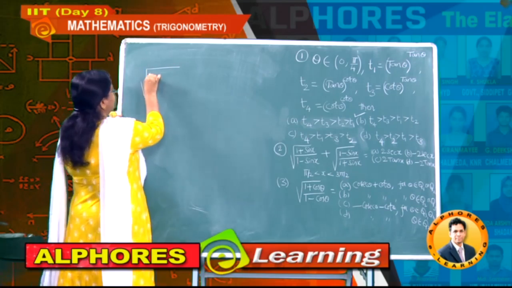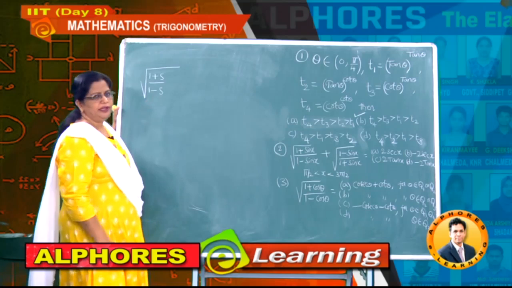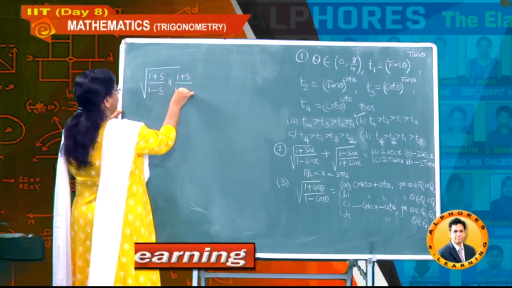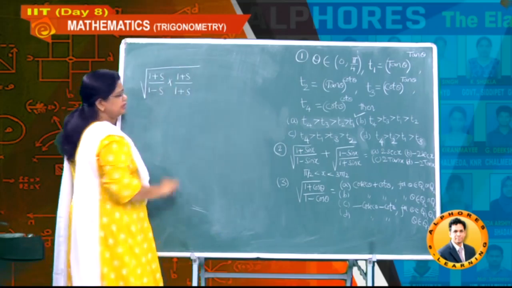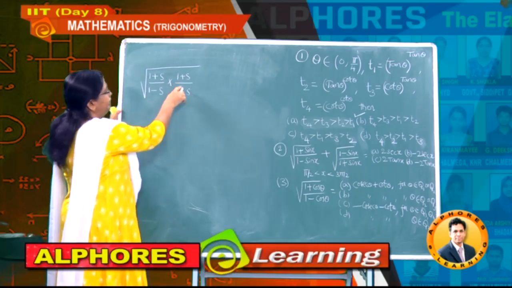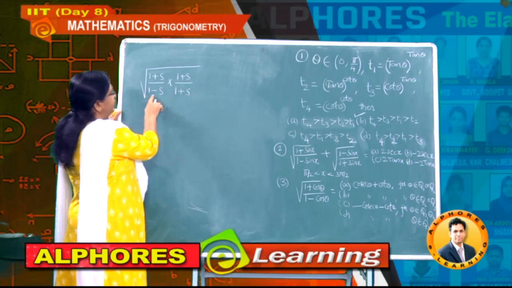That means this is 1 plus sine, and this is 1 minus sine. Then I multiply and divide by 1 plus sine divided by 1 plus sine, within the square root itself. So we multiplied and divided by the same value. Now what denominator are you expecting?